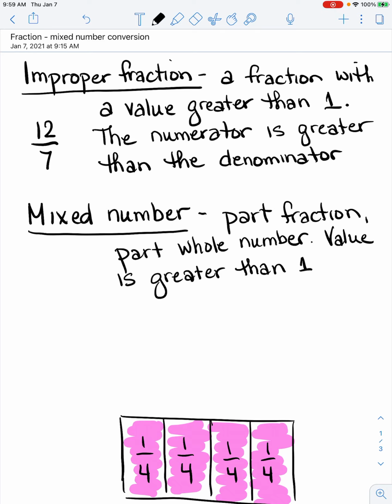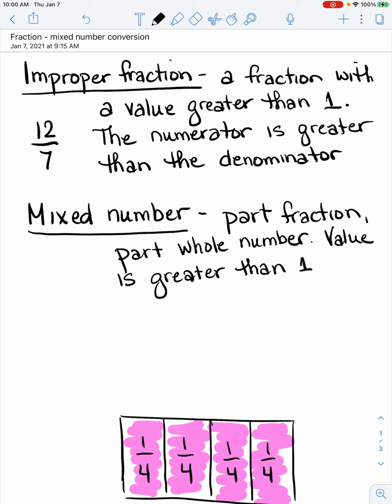And the word improper should tell you that it's not quite right, because we usually don't accept an answer to a math problem in the form of an improper fraction. And the reason for that is it's actually not simplified.